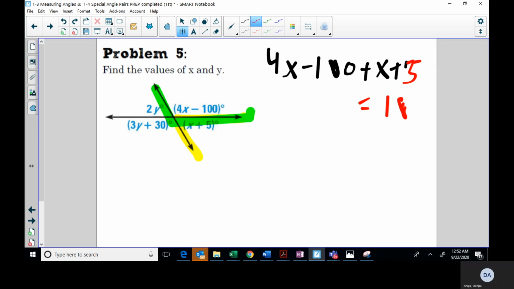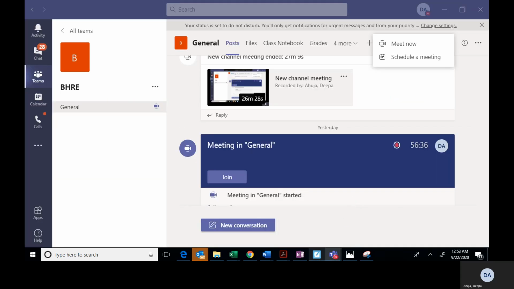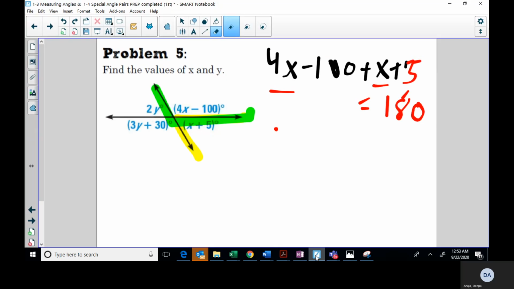So it will be 180. Now we will solve. 4x plus x will give me 5x. 4x plus x is equal to 5x.